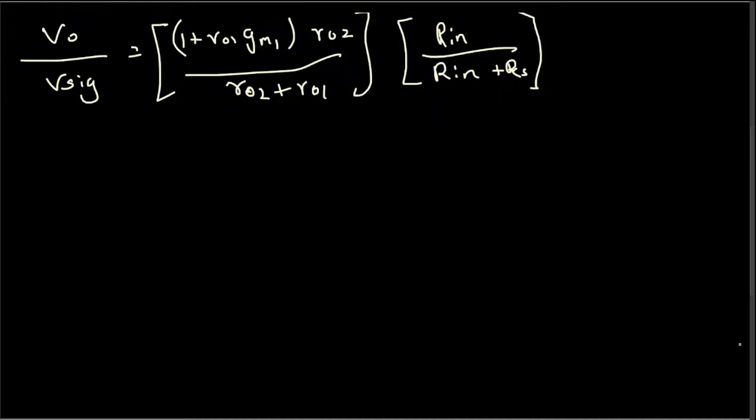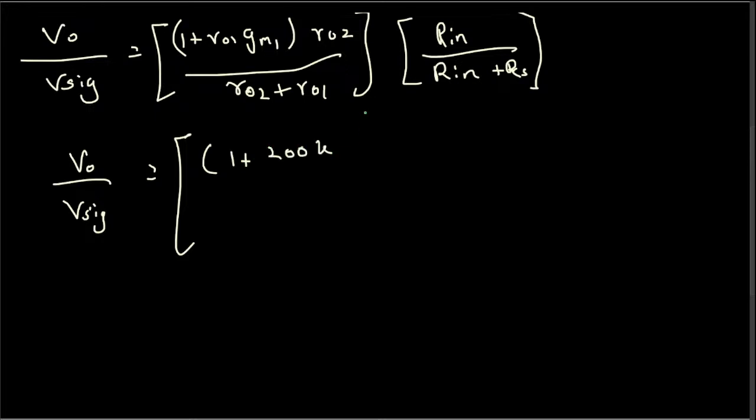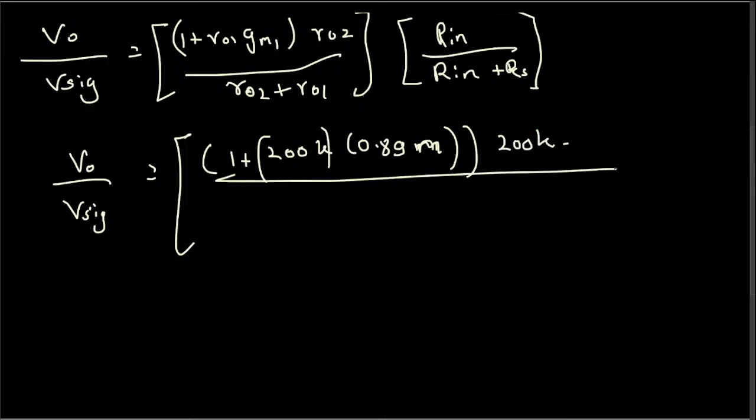Let's substitute all the values. VO over vsig equals 1 plus RO1, which is 200k, times GM1, which is 0.89 milli. The whole thing is multiplied by RO2, that's 200k, divided by RO2 plus RO1, that is 200k plus 200k.